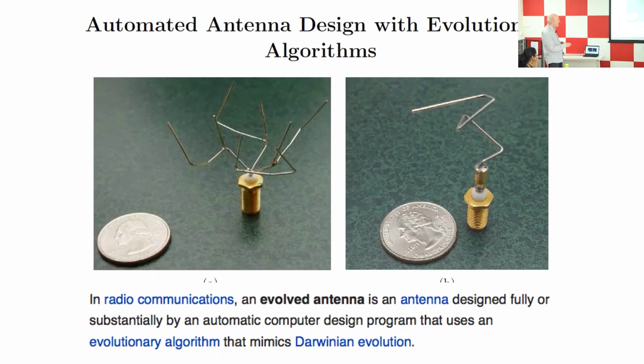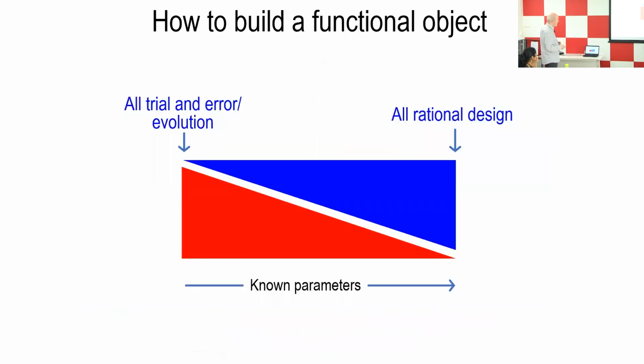Okay, so this is something that to me is very inspiring, in the sense that even without knowing all the parameters of a complex system or a complex challenge, still we can do something. Therefore, to build a functional object, whether it's a biological construct or an engineered construct, there is a gradient between what to do when we know many parameters or very few parameters.